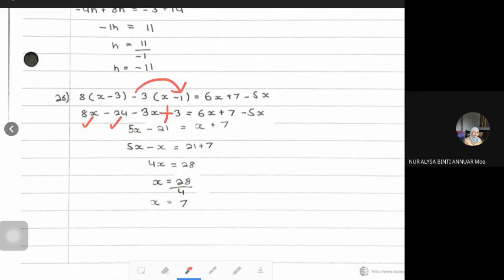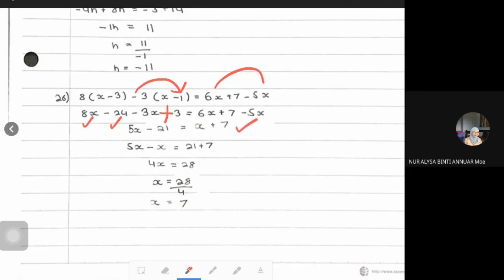Okay, the right side. You don't have to copy down everything, you can simplify right here. So 6 minus 5 is x. So x plus 7, like this. X plus 7 straight away.